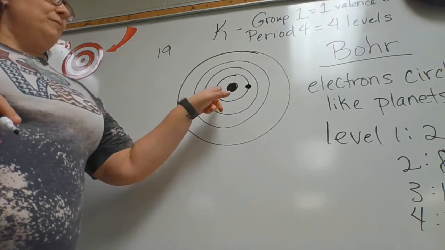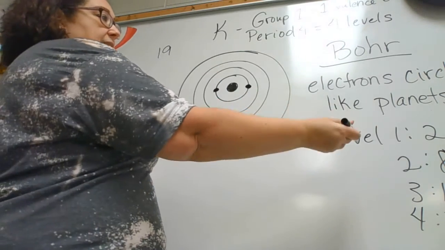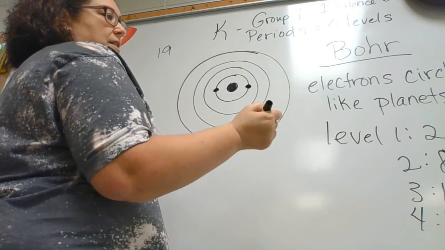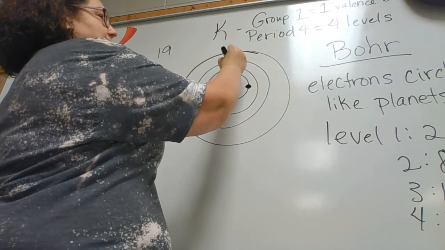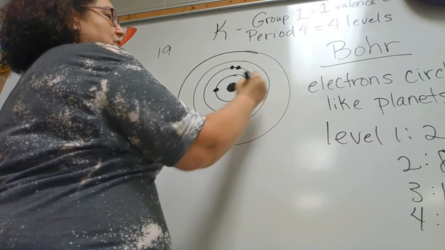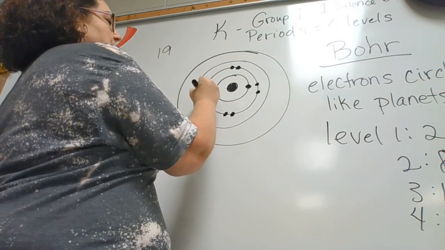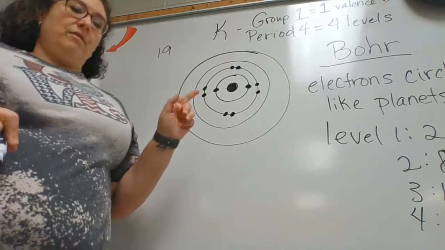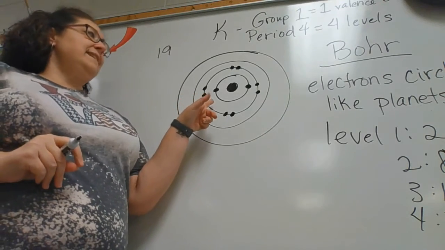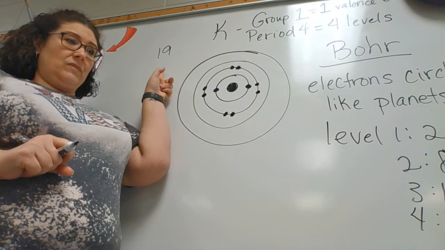So level 1 always has 2 before you go to the next one. So then the next one you're going to fill up with 8. Okay, so go ahead and put your 8. Now, let's stop right here because we have a total of 10 so far, and we only need 19.